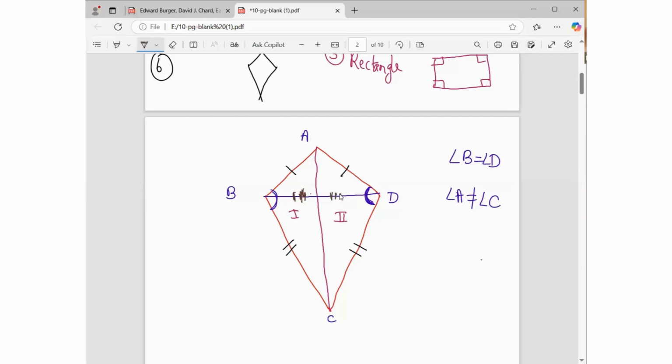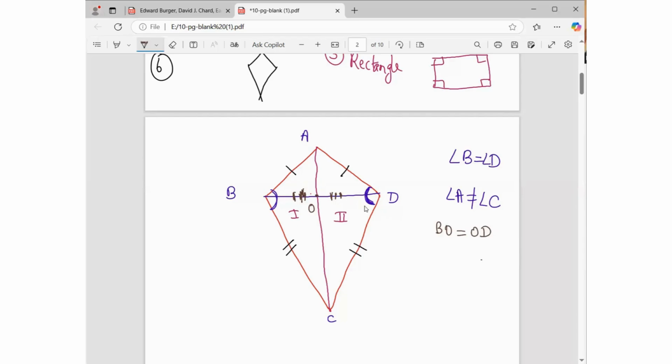Let's suppose this is my point O. AO and OC are not equal. You can see the length is of course not equal. So this is a very interesting part: only the smaller diagonal will be bisected by the larger one. That is, BO is equal to OD.